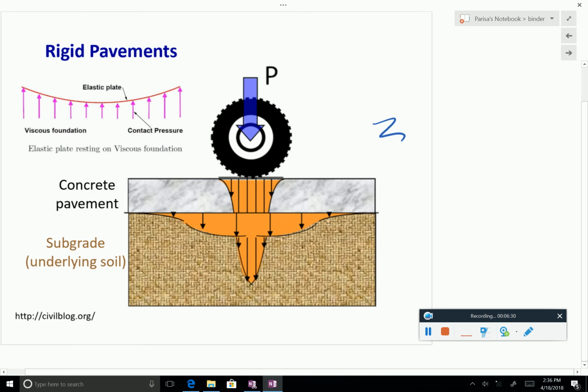There's more concentrated load into the soil. This is actually, the concentration is in the concrete. I know the graph may be a little bit misleading, but this is the stress in the concrete slab, and that's what the soil is taking. So what do we see here differently?